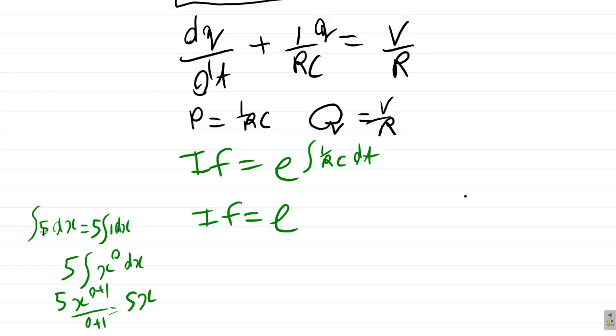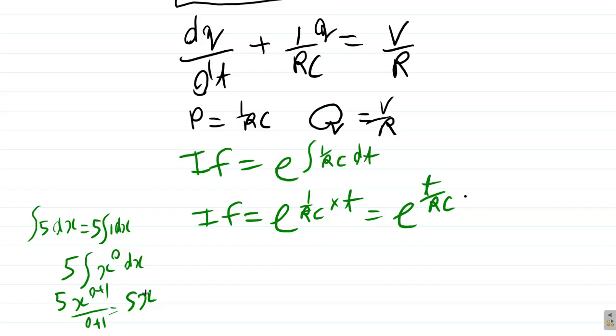So you integrate a constant with respect to x, you get the constant times x. So here you integrate a constant with respect to t, you get the constant times t. Alright? So this happens to be e to the t over RC. You see that? That's our integrating factor.